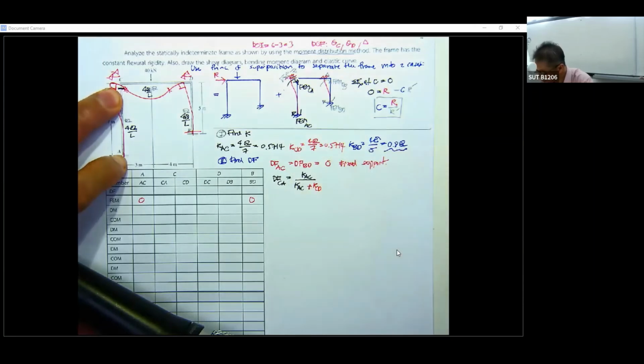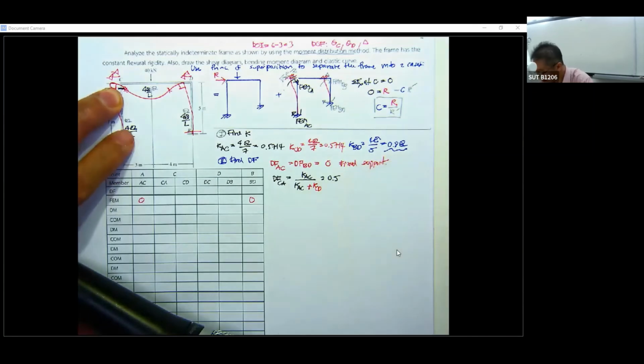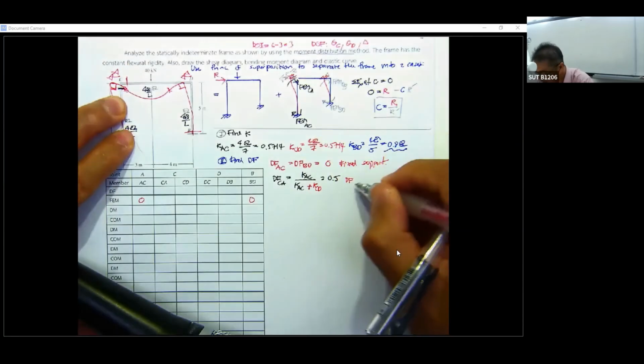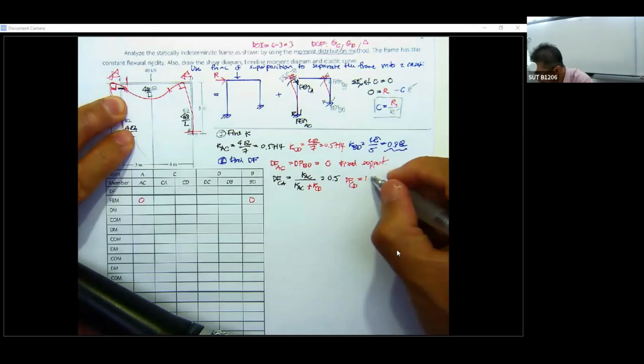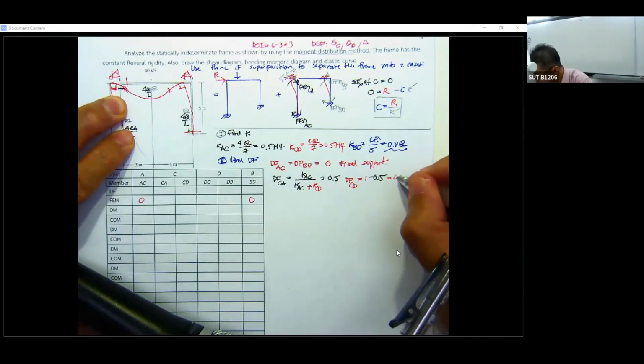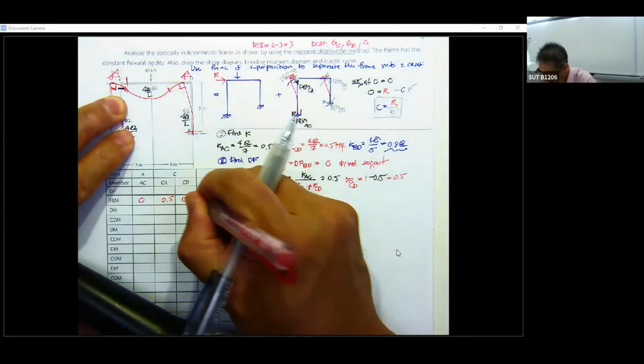Since they are equal, this is going to be 0.5. Then you move to DF CD. That is going to be 1 minus 0.5, so you get 0.5. Just put 0.5 here and 0.5 here.